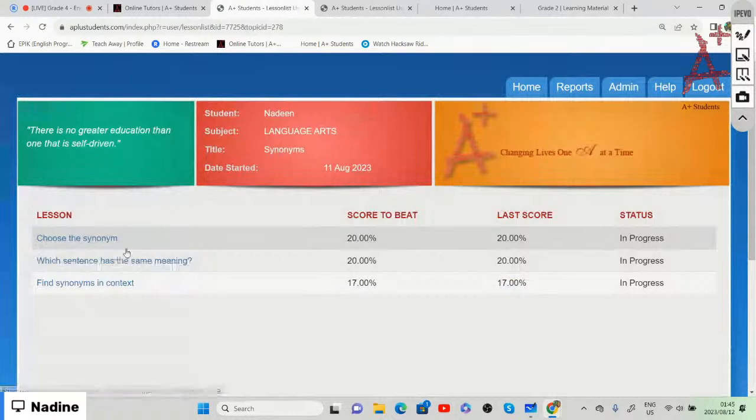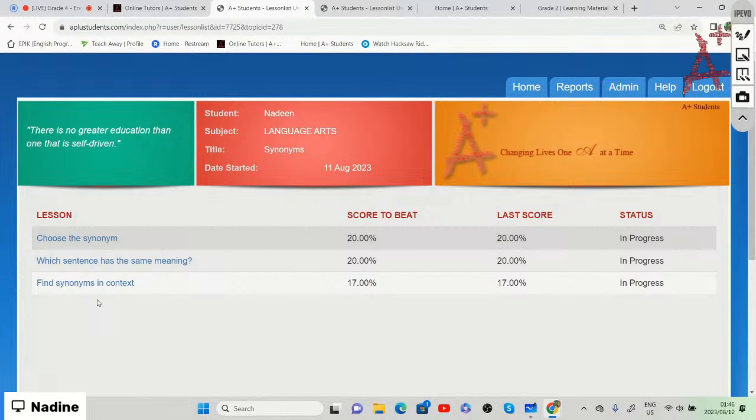That is basically where we had to say which sentence has the same meaning. And then also finding synonyms within the sentences, within the context.